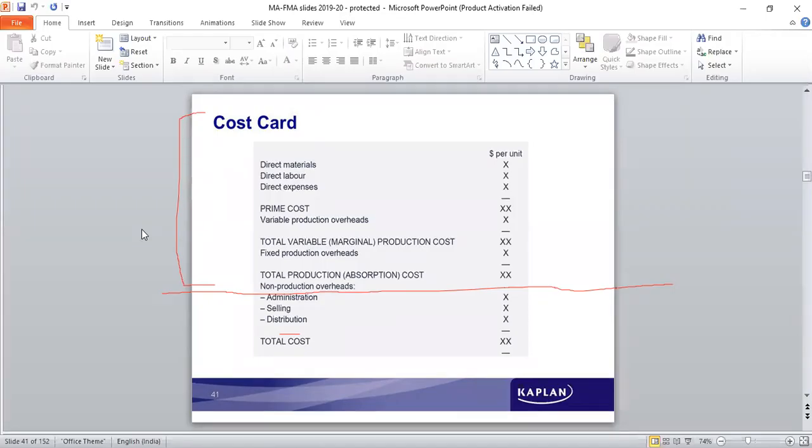Did you do cost sheet in your college, not in this program? Did you do cost sheet earlier in your college? Both the colleges, please answer. Did you prepare cost sheet, cost statement, what is called? Just say yes or no. Did you prepare cost sheet? No one's listening to me.